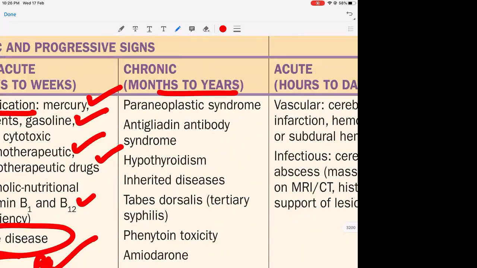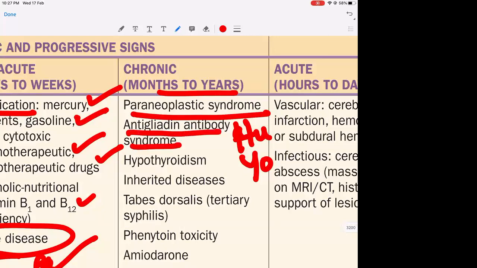The cerebellar ataxia can be due to paraneoplastic syndrome, and the particular antibodies which are detected can be seen in a particular paraneoplastic cerebellar degeneration. Anti-gliadin antibody is also positive in patients with cerebellar ataxia.